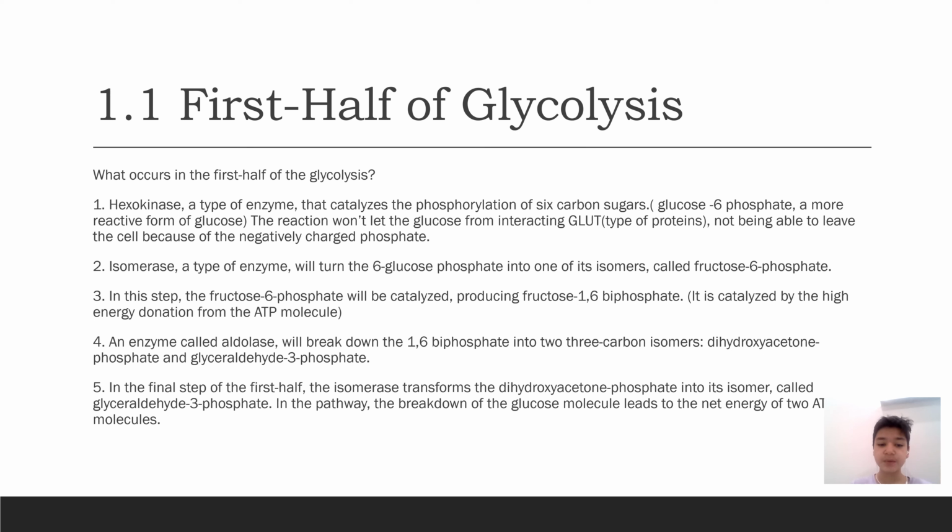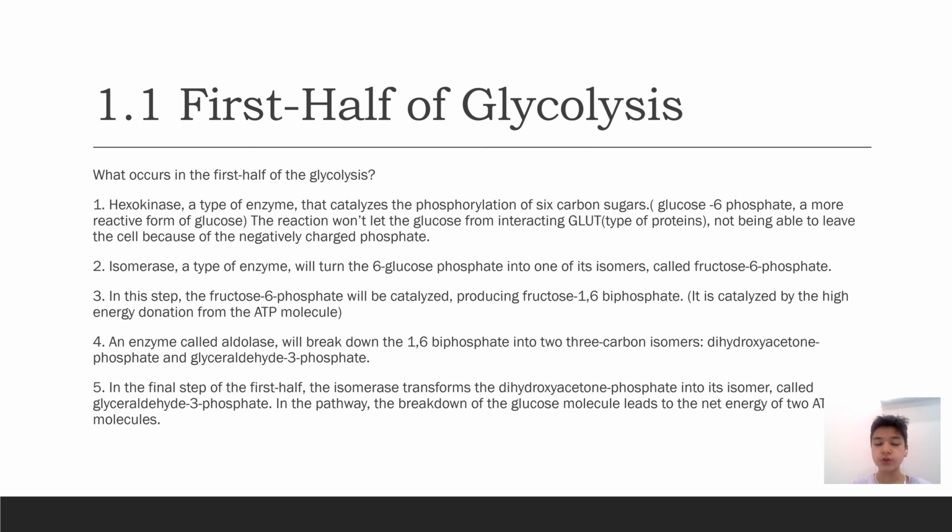In this step, the fructose 6-phosphate from the second step will be catalyzed, producing fructose 1,6-bisphosphate. It is catalyzed by a high energy donation from the ATP molecule.